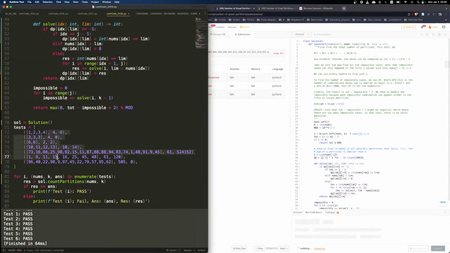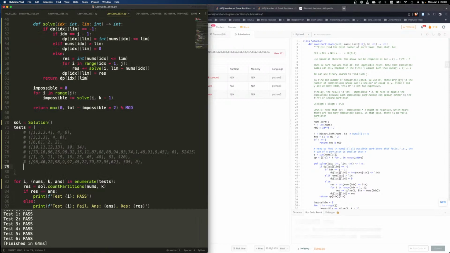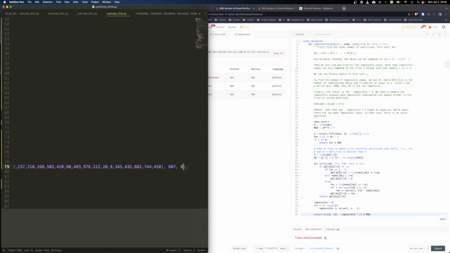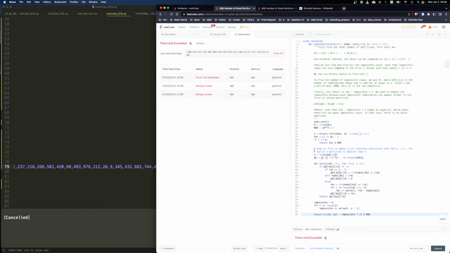Really? I mean, I can rewrite the whole thing in bottom up. Damn, it does take a while. Holy crap. Give me the result.